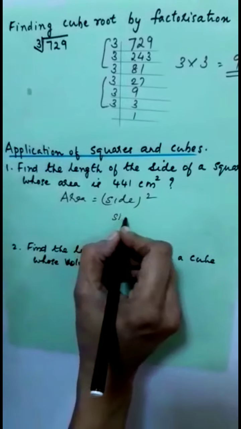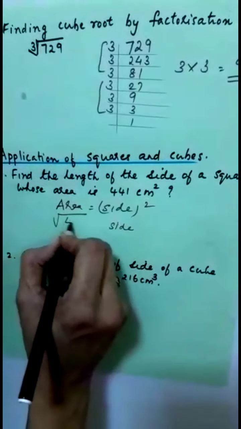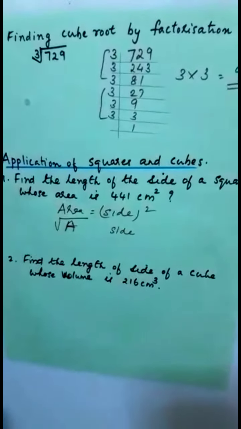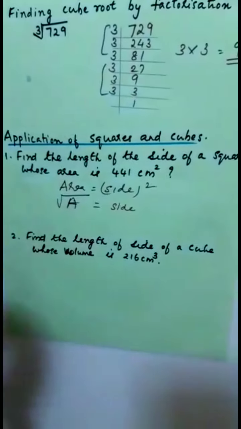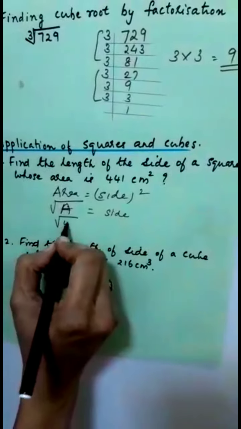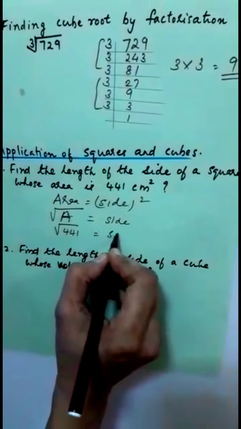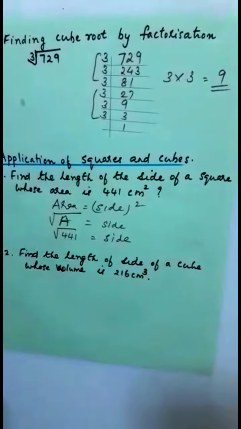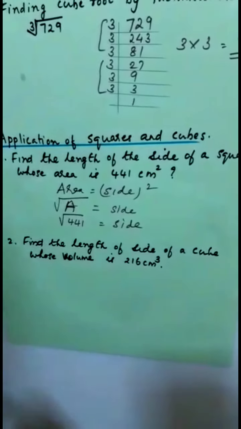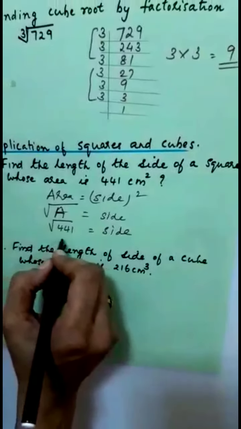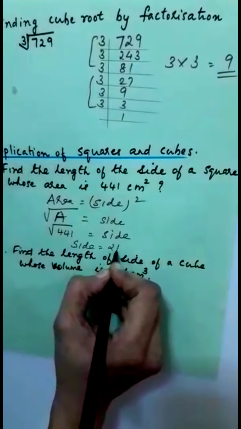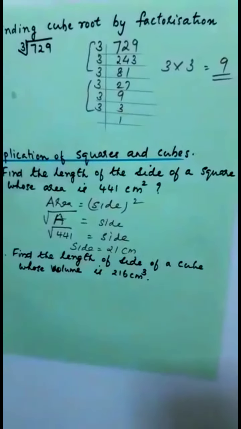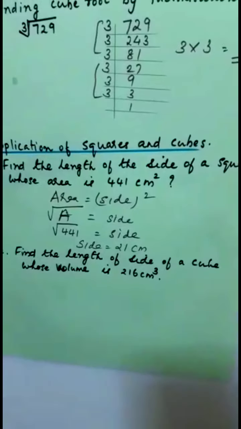So for 441, if you apply factorization or long division, you will get the answer. The square root of 441 is 21. It means 21 two times gives 441.